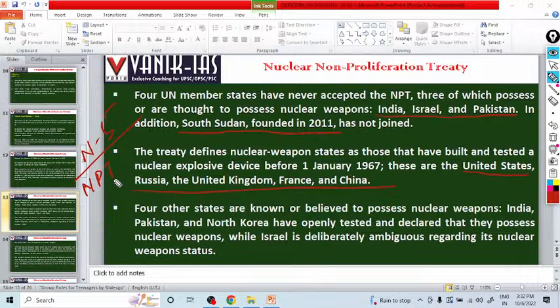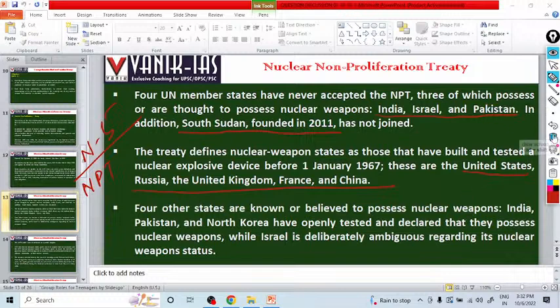Although Israel is very ambiguous, everyone knows that Israel has a much advanced nuclear weapon repository, with the support of the USA.